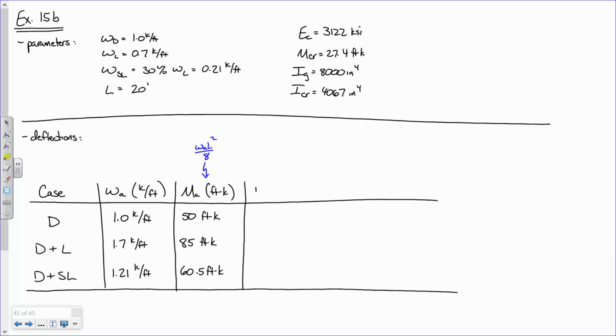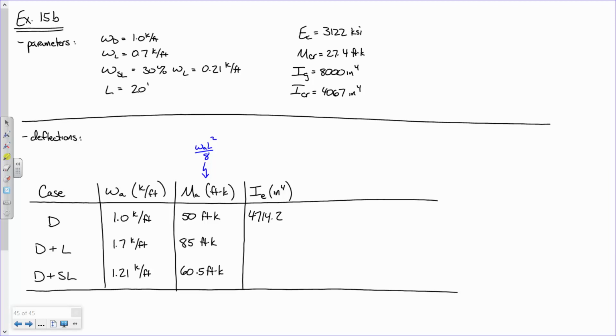Taking each of those, I can then compute an effective moment of inertia. So help me out. Anybody remember what this one was? 4714.2, and this one was what?